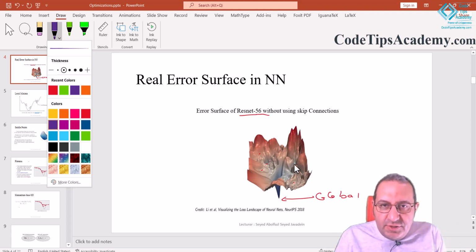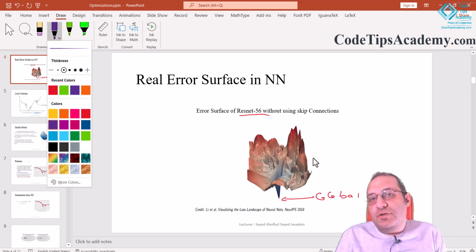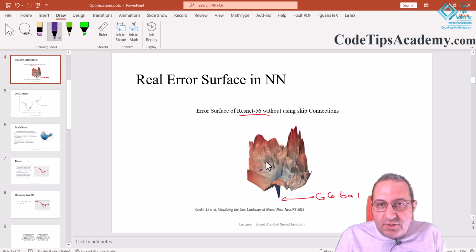As you can see, in this loss function of ResNet there are many local minima, like this, and here, and here. But what we want to reach is here. We want the global minimum, the point where we have the minimum loss value.